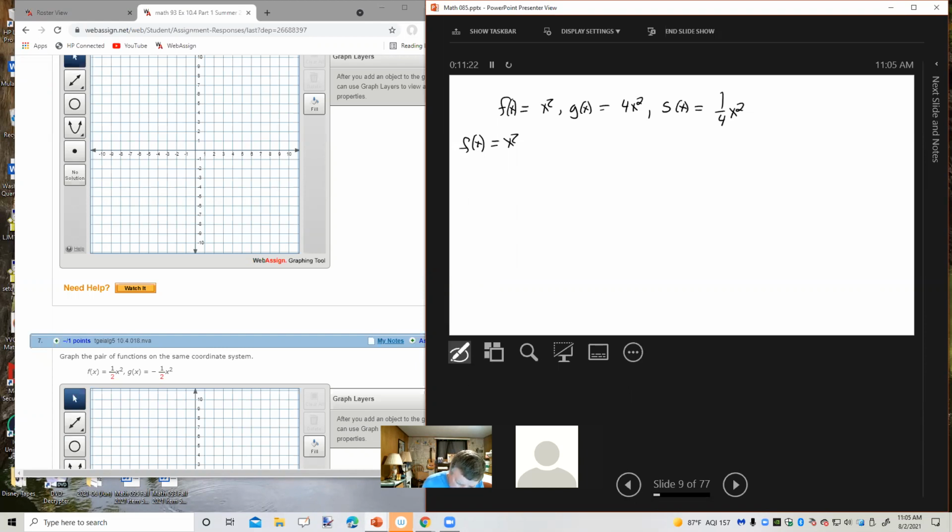So if we think in terms of y equals a times (x minus h) squared plus k, this is like y equals 1 times (x minus 0) squared plus 0. In other words, the vertex is at 0, 0. Do you see that? Yes.